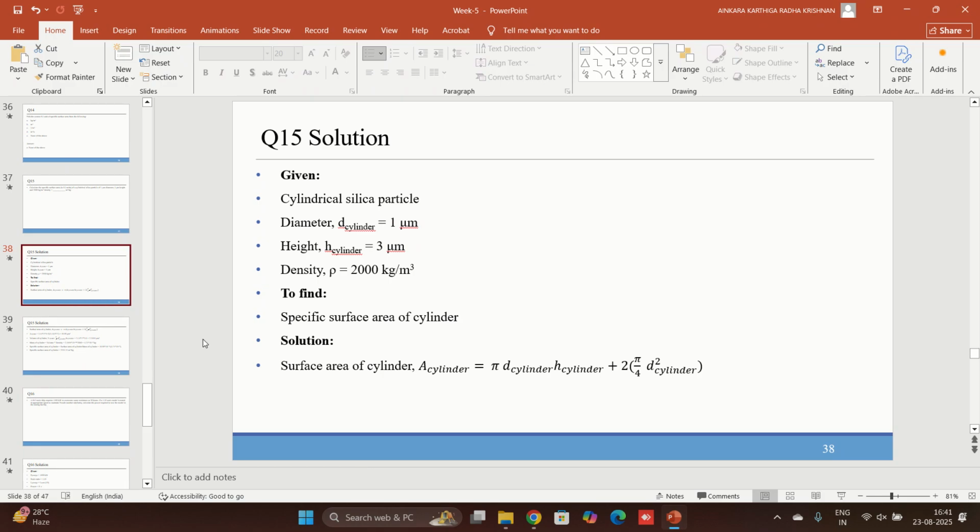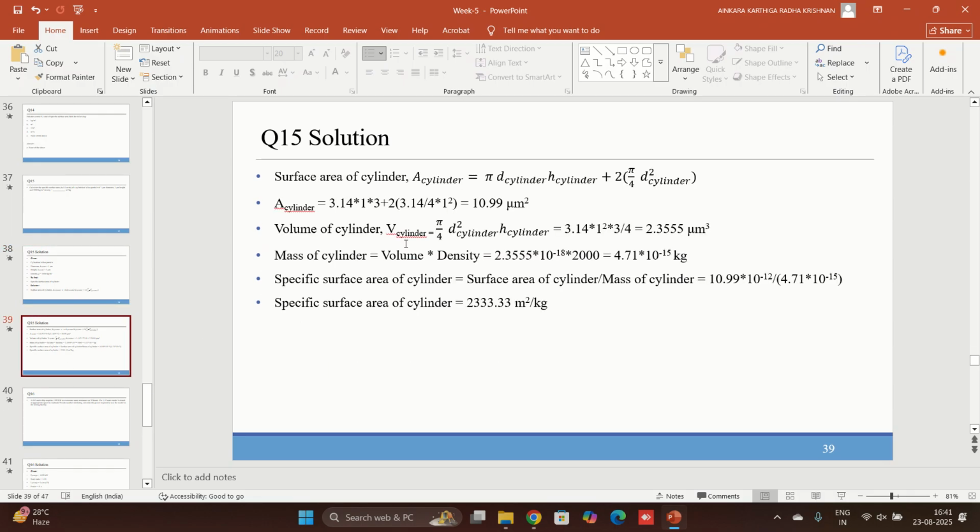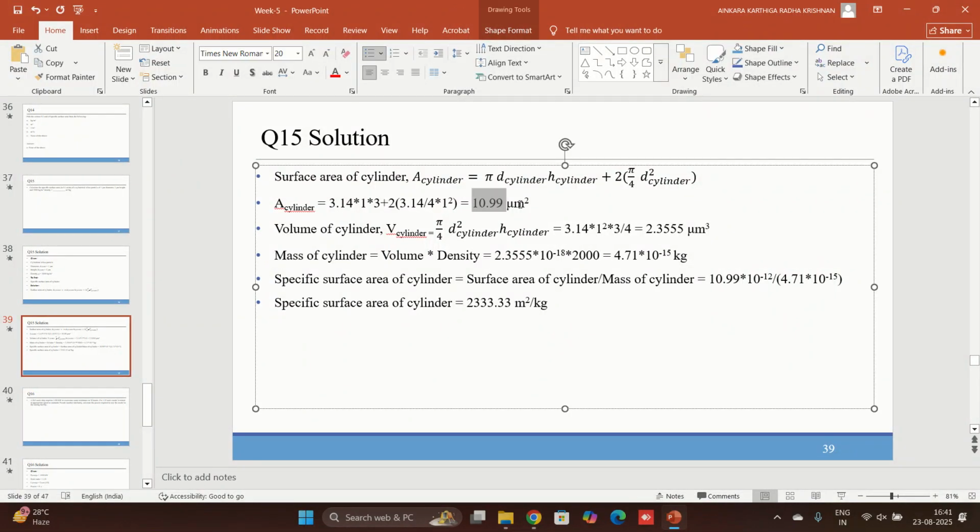So the surface area of a cylinder is pi d h plus the top and bottom circles, so 2 times pi by 4 d square. Substituting, we got the surface area of the cylinder as 10.99 micrometer square, or 10.99 into 10 power minus 12 meter square.